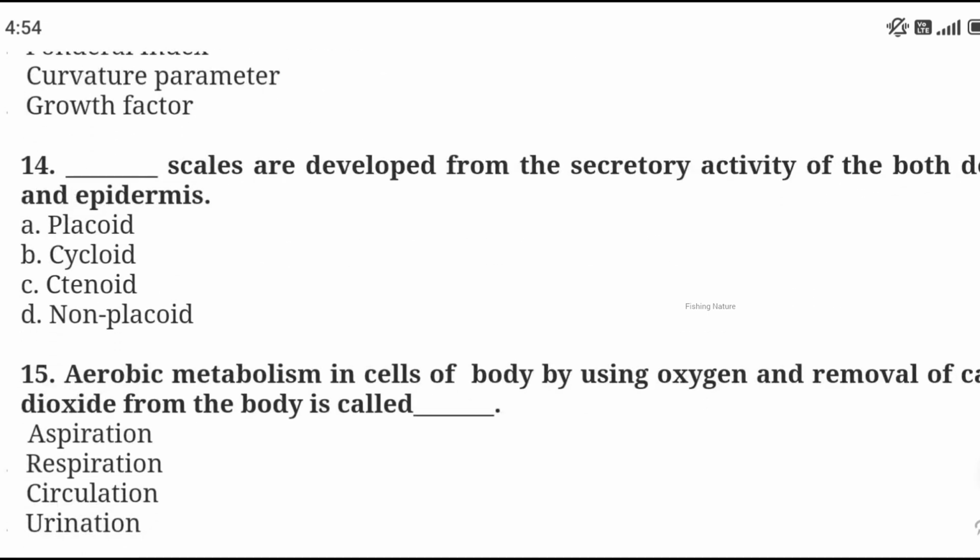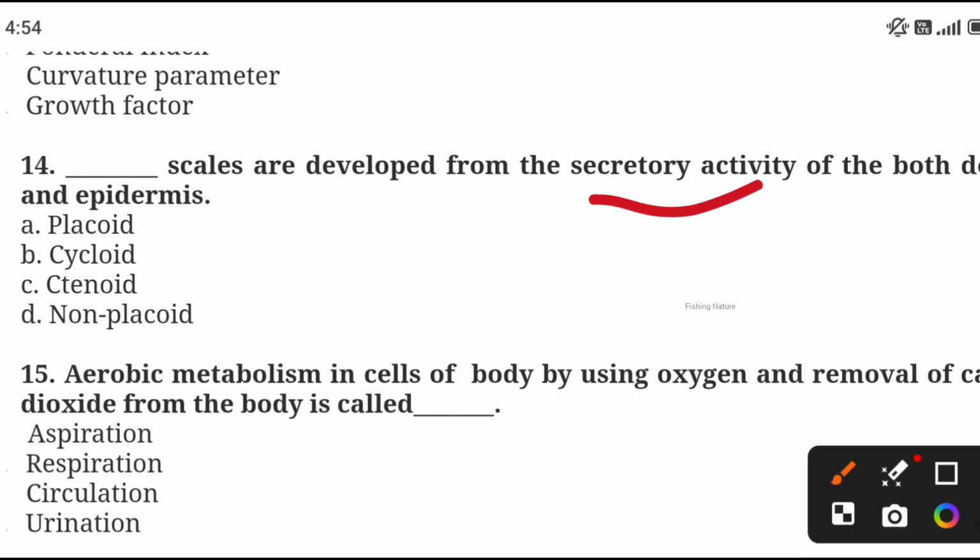Next, dash scales are developed from the secretory activity of both dermis and epidermis. Which type of scales are formed by this secretion? It forms the placoid scales.